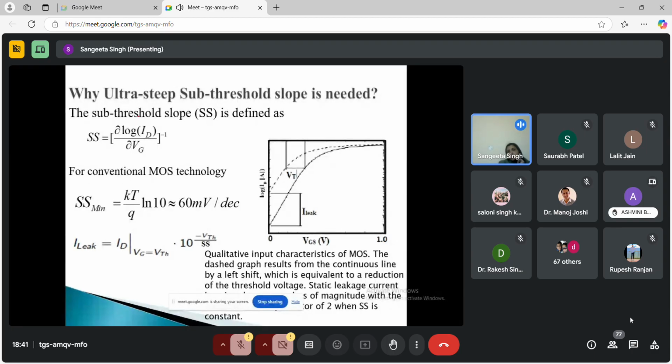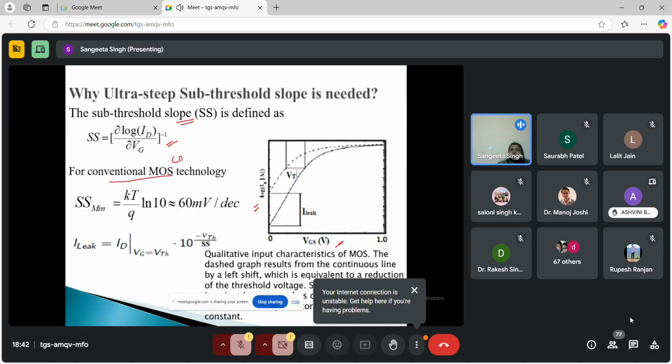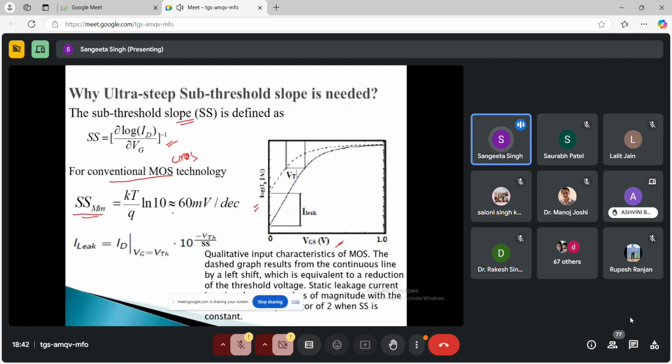Sub-threshold slope is simply the inverse of the slope of log ID versus VGS, that is, the inverse of d log ID over dVG. So ideally, for the conventional MOSFET or typical CMOS, the minimum possible subthreshold slope cannot be lowered below 60 millivolt per decade.